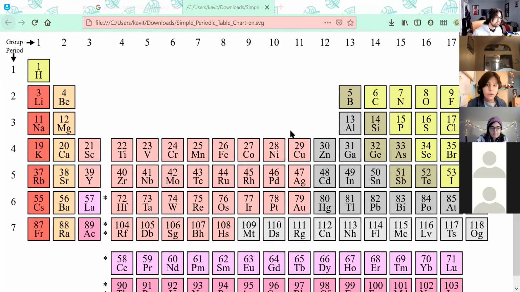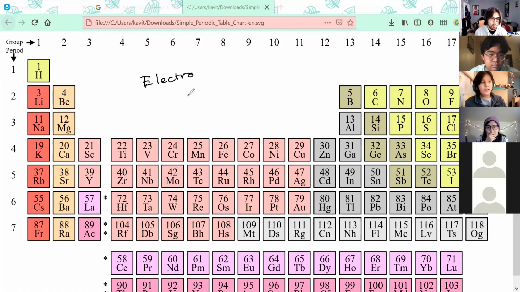So for electronegativity, it's mostly about the relationship to whatever atoms are bonded to it. So this mostly has to do with how strongly electrons are pulled by an atom when they're in a bond.